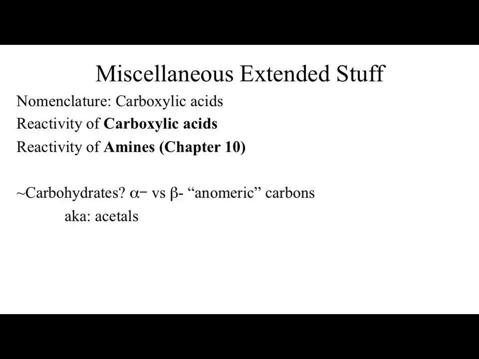Extended information we kind of finished up on. So nomenclature for the carboxylic acids. You are responsible for those. It's just like nomenclature for everything else, so just review that information. You're also responsible for the reactivity of carboxylic acids, which hopefully you all have a general idea of how a carboxylic acid might react, which would be probably as a Bronsted-Lowry acid.